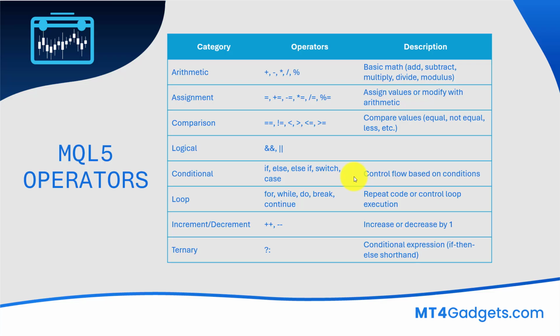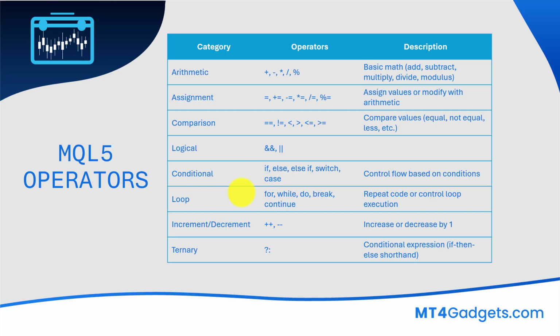So you use them to make a decision on which action to perform based on a comparison or a condition. Also, you may notice that up until logical operators, they were symbols, and starting from conditional, there are also words, keywords, that are operators.